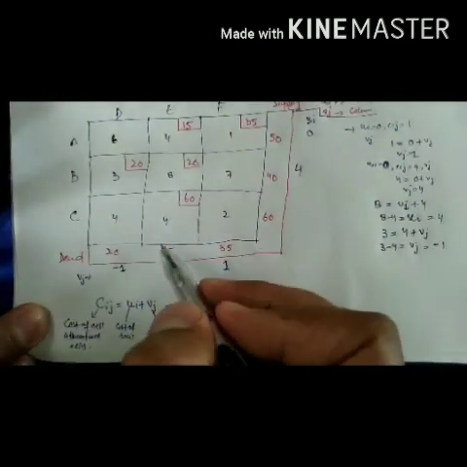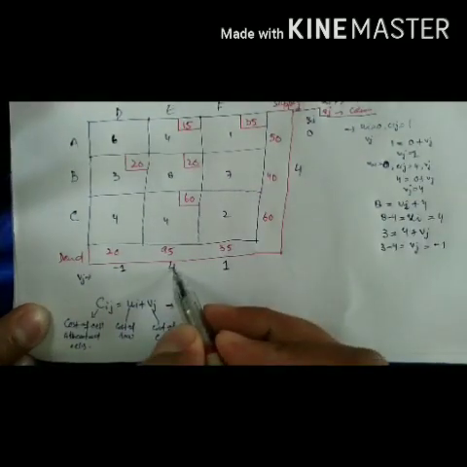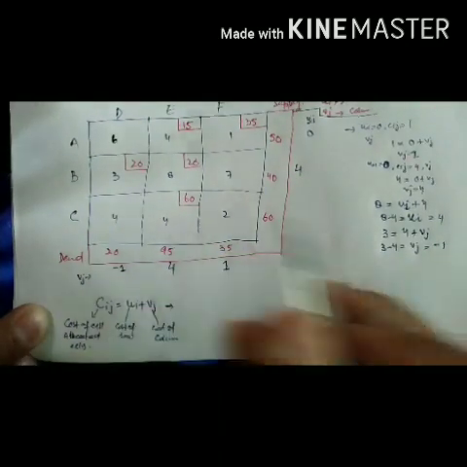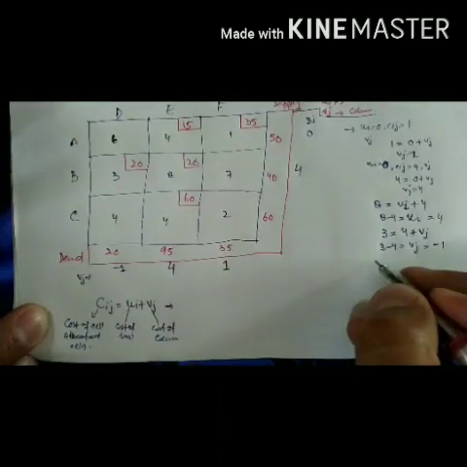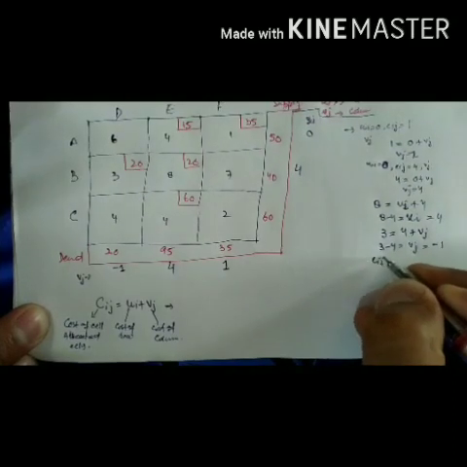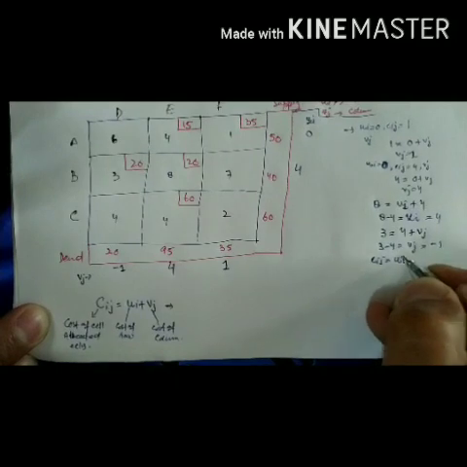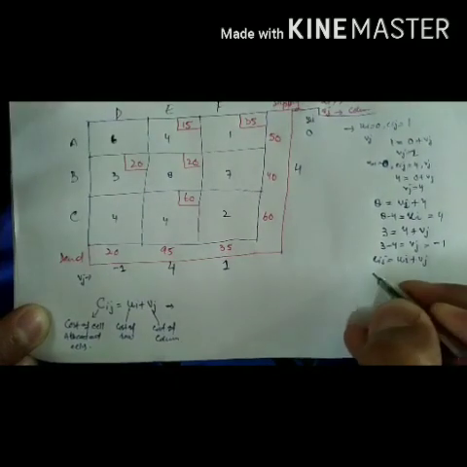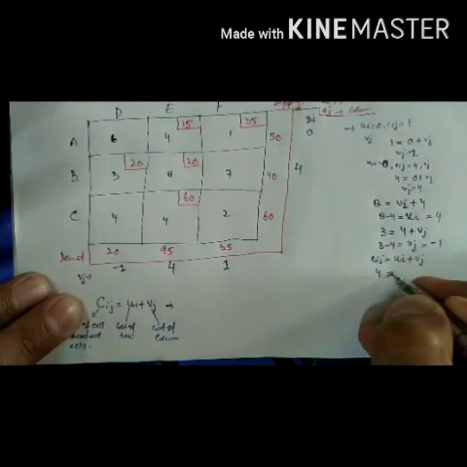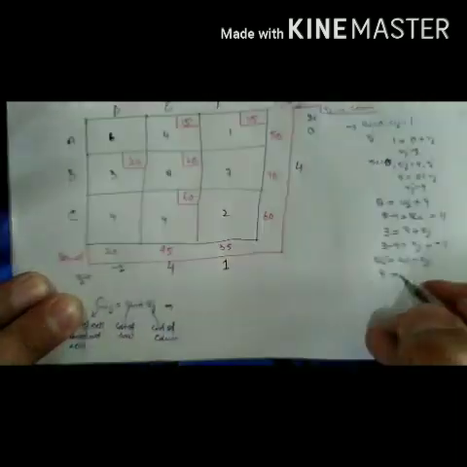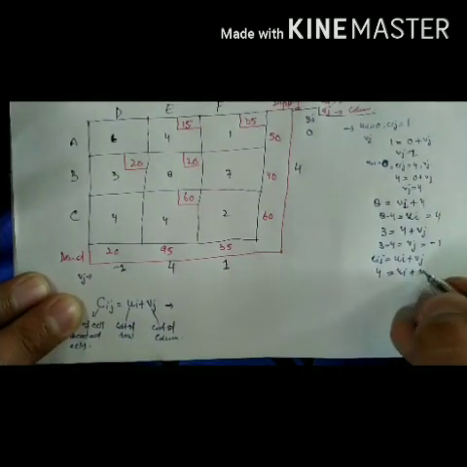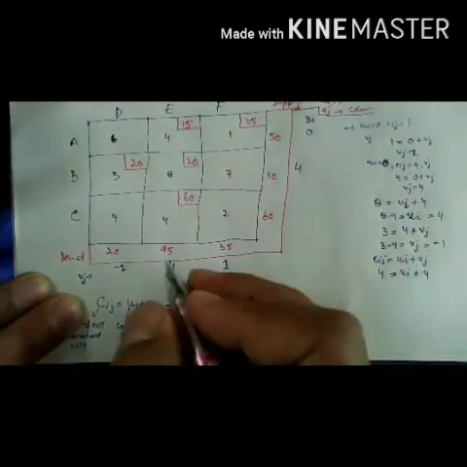Now, for this other row, I have already calculated from this side the Vj for this column, which is 4. I can calculate for this occupied cell, where Cij is equal to 4. I know Cij equal to Ui plus Vj. So 4 is equal to Ui, which I have to calculate, plus Vj, which is 4. 4 minus 4 will be equal to 0.